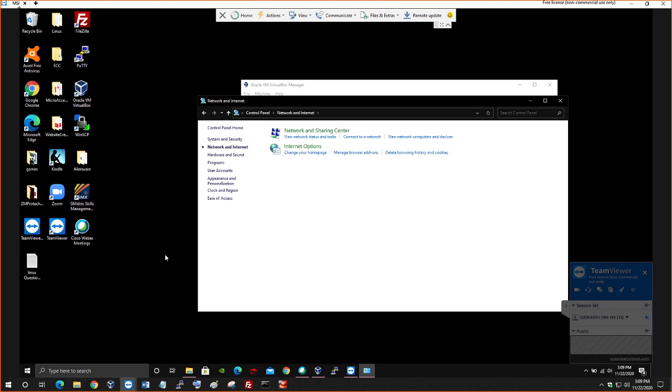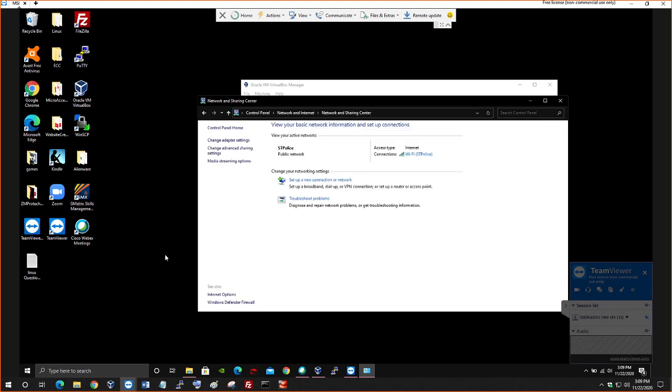Yeah, click there. And then network and sharing center. Click on network and sharing center, yeah. Okay, and on the left side you see adapter settings.